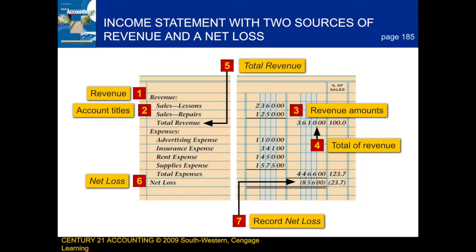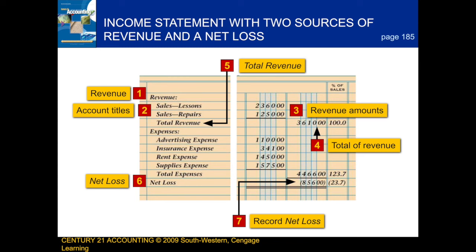Alright, the last thing that we're going to talk about in this lesson is an income statement with two sources of revenue and a net loss. The different numbers here are showing us the income statement with two sources of revenue and also a net loss. Number 1 is showing us the revenue. Number 2 is showing us the account titles.